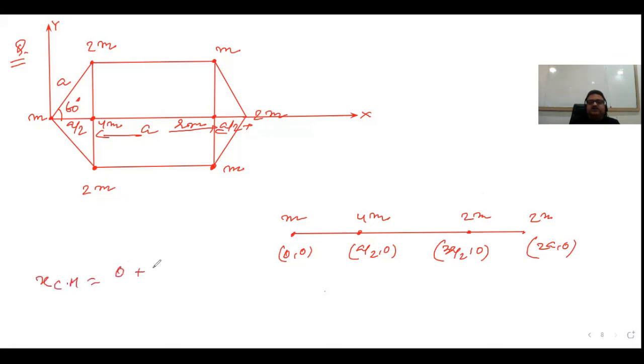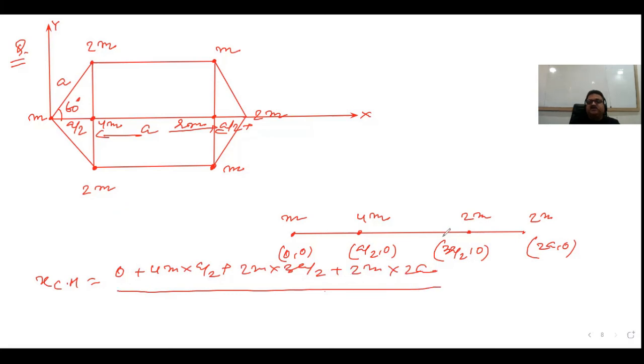Now, what is the value of XCM? It is equal to 4m into A by 2 plus 2m into 3A by 2 plus 2m into 2A, whole divided by sum of the masses, that is 2 plus 4 plus 8, I mean 9m. Now if I do the calculation, this 2, look at this, is going to cancel.